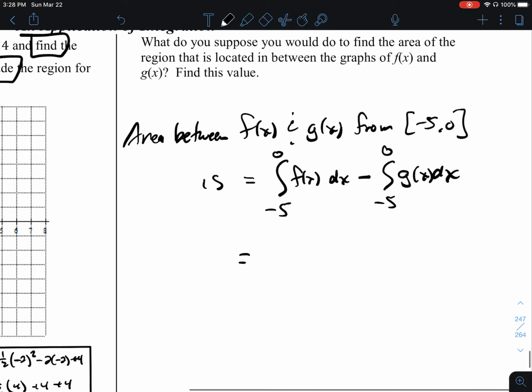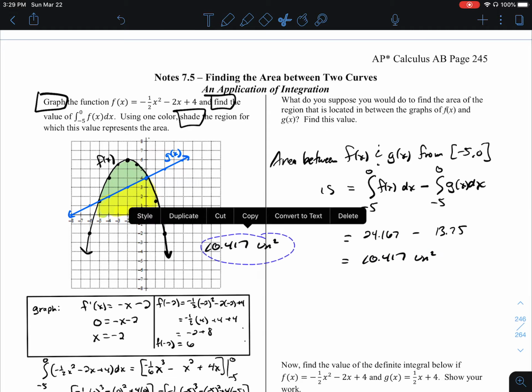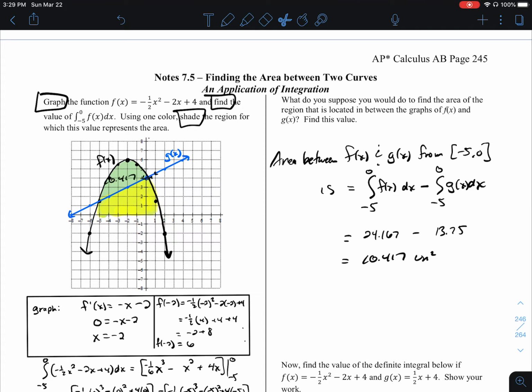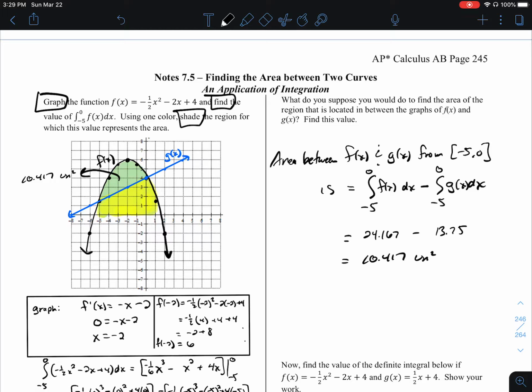And we found the area under the curve for f of x was about 24.167, and for g of x was 13.75. You subtract those, you get 10.417 square units. I am suggesting that this green area here, that is the area of that green area.